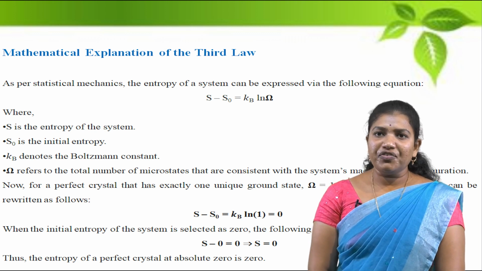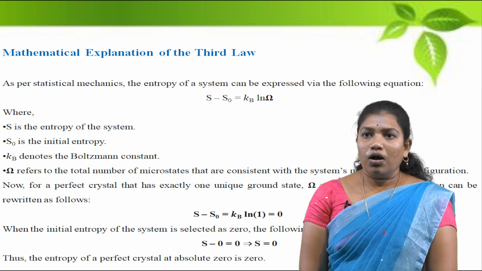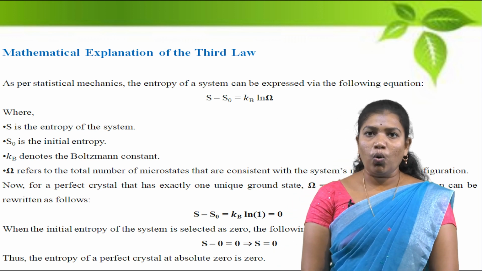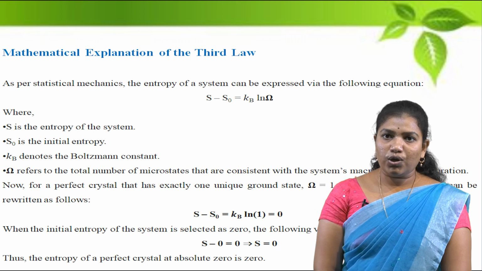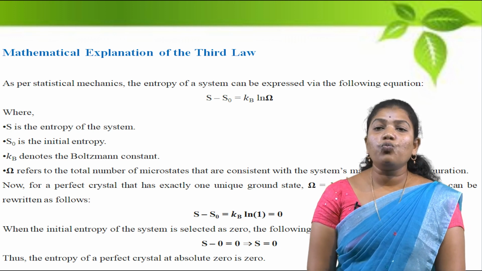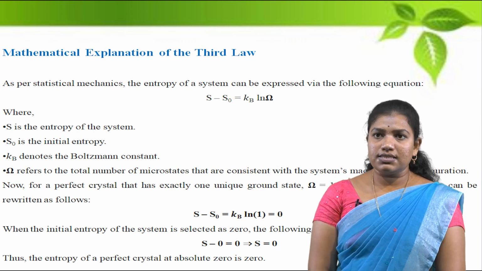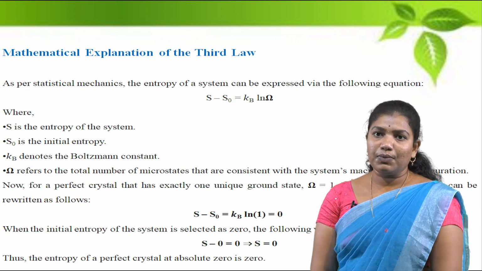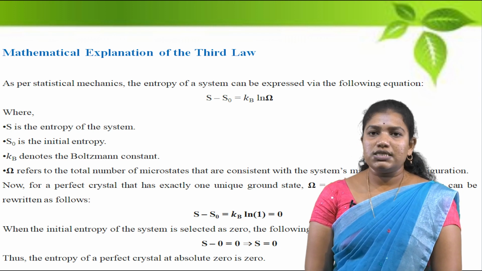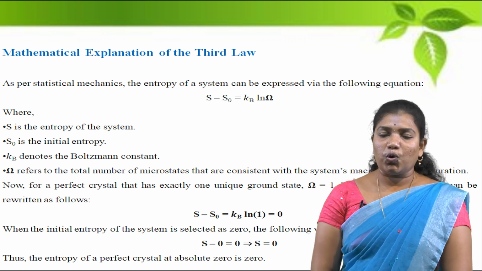Now, for perfect crystals that have exactly one unique ground state, Ω equals 1. Therefore, the equation can be rewritten as S minus S0 equals kB ln(1), which equals 0, because ln 1 is 0. When the initial entropy of the system is selected as 0, we get S minus 0 equals 0, so S equals 0. Thus, the entropy of a perfect crystal at absolute zero is 0.